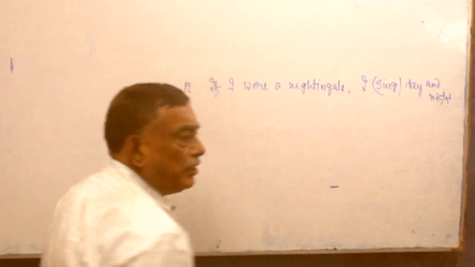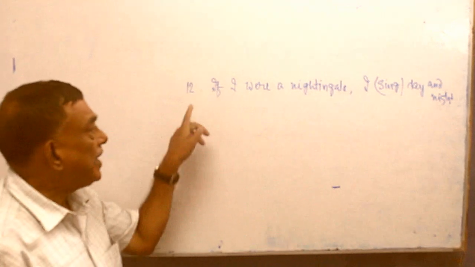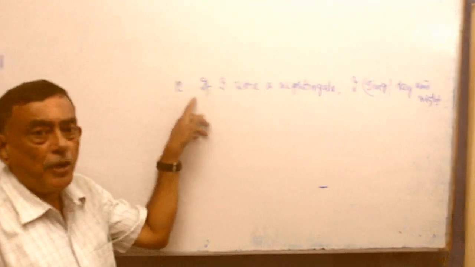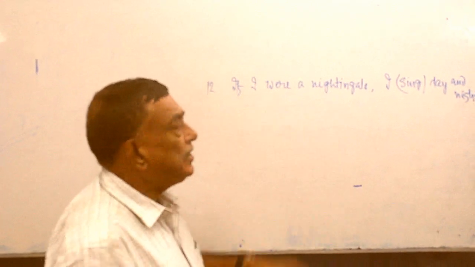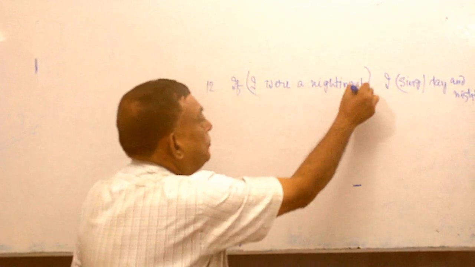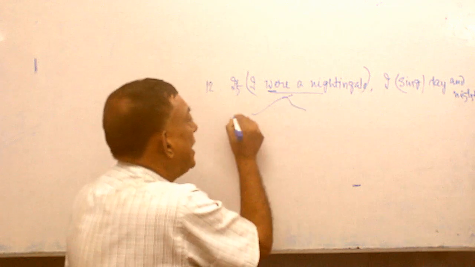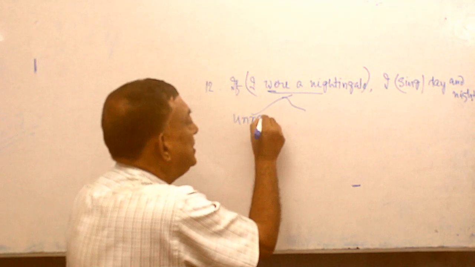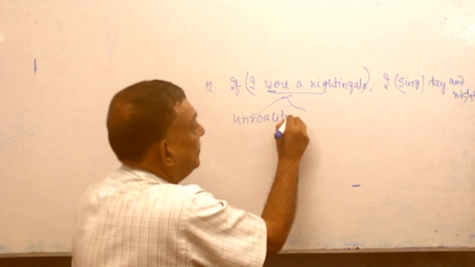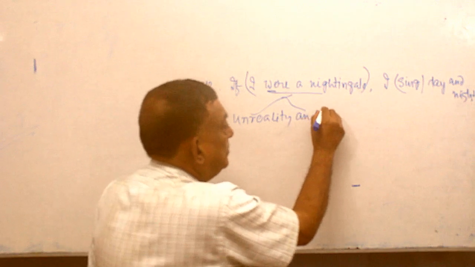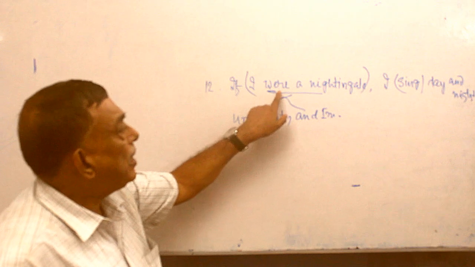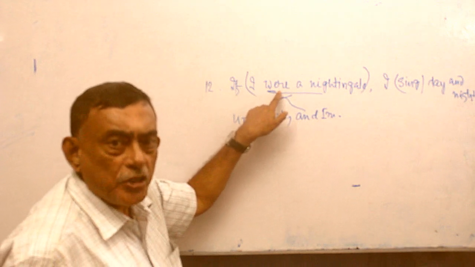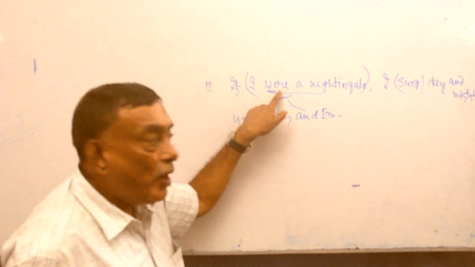Now this is a simple thing you have to understand. Once again it has started with the if function. As soon as you find that if I were a nightingale, you have found an unreality and improbability. Where the were verb has been given, that means it shows the unreality and improbability. Then what comes next?